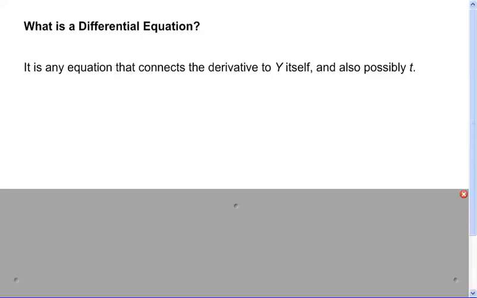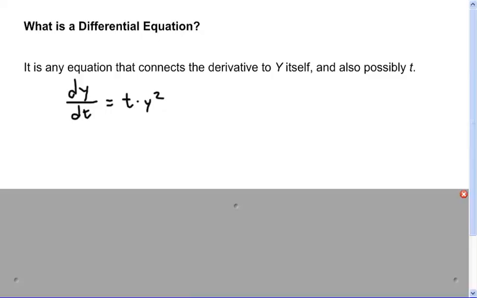So here you go. Here's an example. We have some quantity y, and suppose I tell you that dy/dt equals t times y squared. There you go. That's a differential equation.